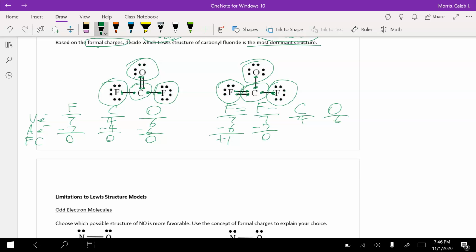For carbon, I have 1, 2, 3, 4. So 4 minus 4 is 0. And then oxygen, 1, 2, 3, 4, 5, 6, 7. 6 minus 7 is negative 1. So I have a positive 1 and a negative 1 formal charge. That makes this less favorable. This is the most dominant structure.